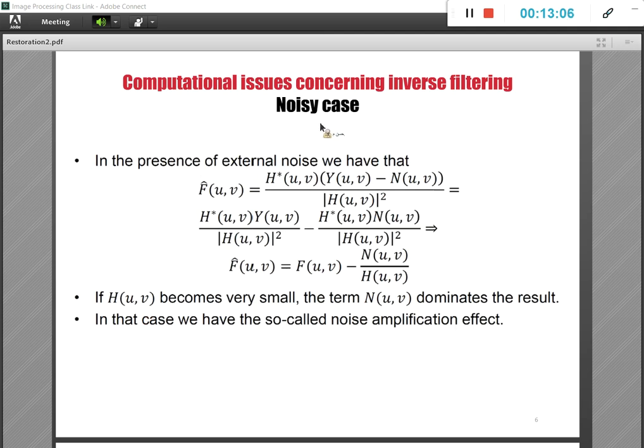But for the noisy case, in the presence of external noise, F hat, the approximation of F, is H conjugate times Y minus N. Y was HF plus N, and HF plus N minus N is HF, so HF times H conjugate over H squared. This is F hat. F hat is H conjugate HF over H squared.